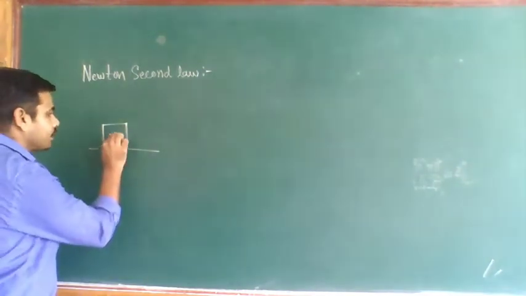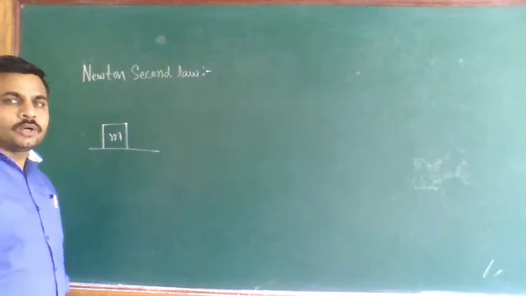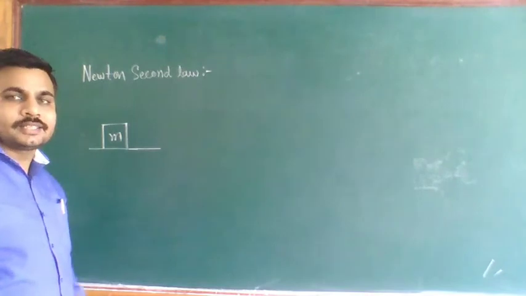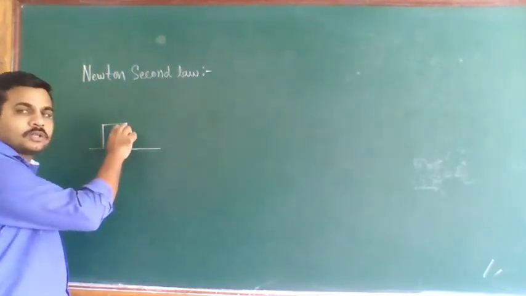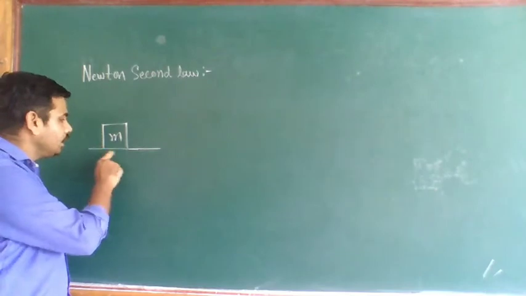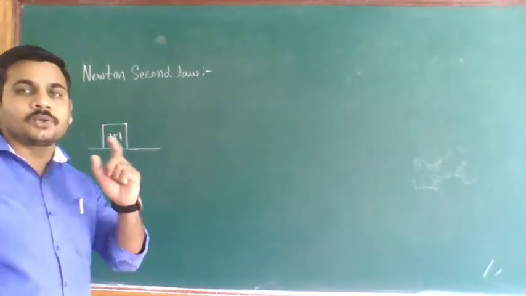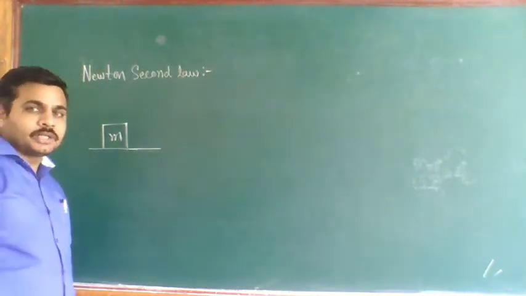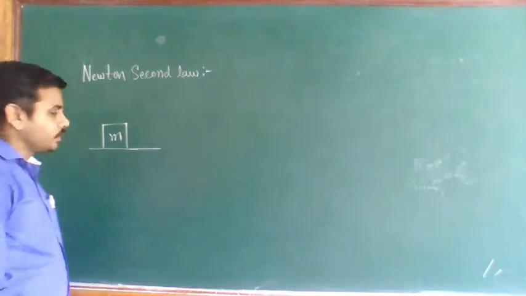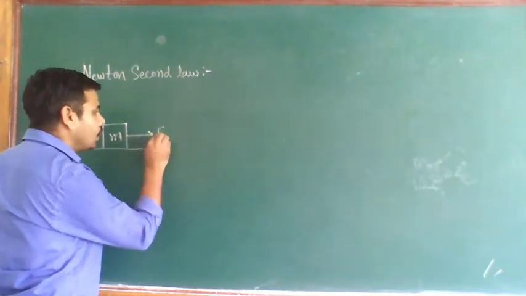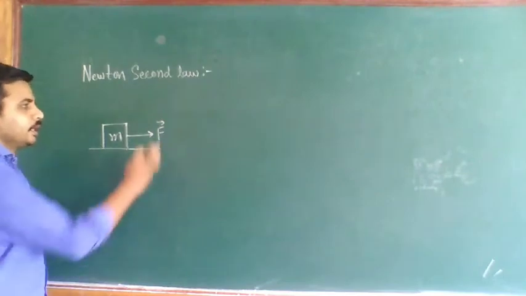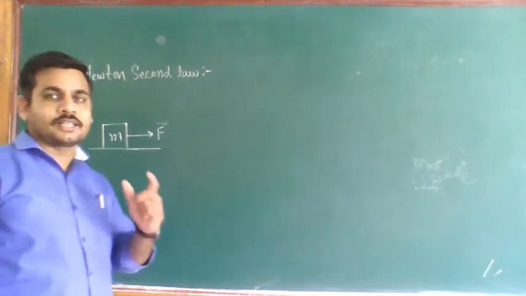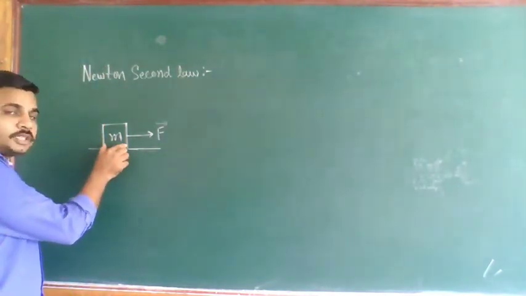Here I am considering the ice cube on some frictionless surface, so the frictional force at the interface between the ice cube and the surface is very small. Now you apply some horizontal force, and you get an acceleration.